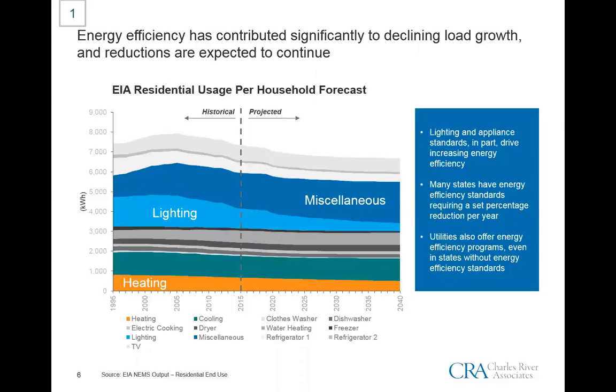And if you look at EIA's historical and projections in terms of customer usage, this is residential customer usage, it shows that lighting use is the primary driver of energy efficiency reduction. And you see miscellaneous growing, and miscellaneous is a lot of plug-in type devices that don't specifically fit into an existing category, but that one's growing and lighting is declining.